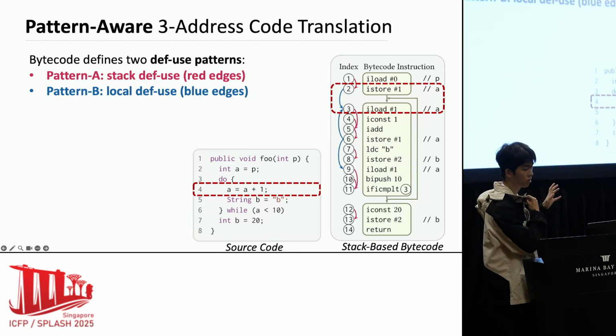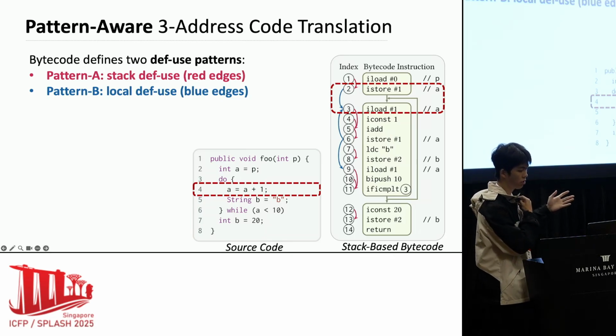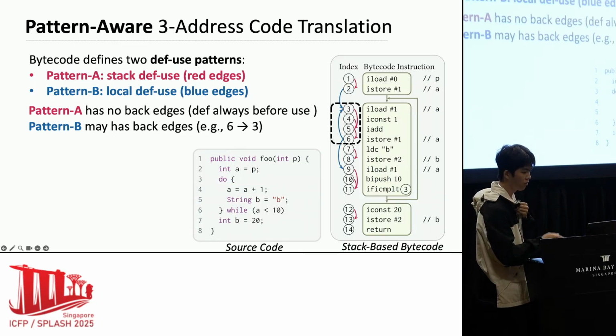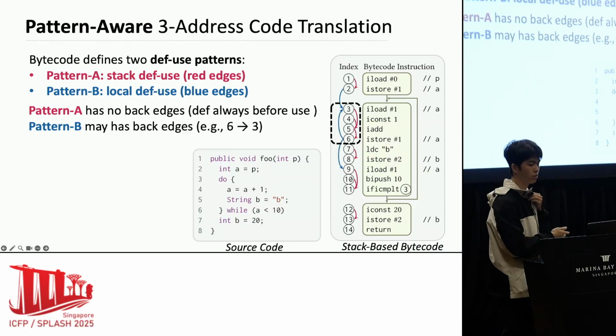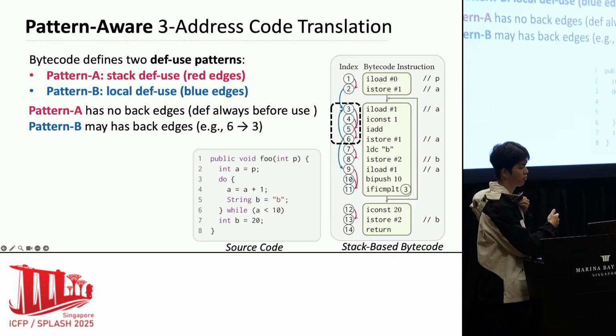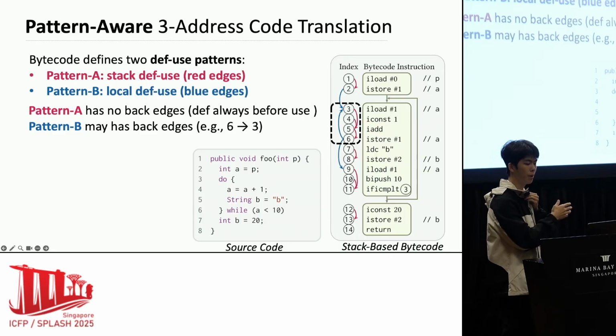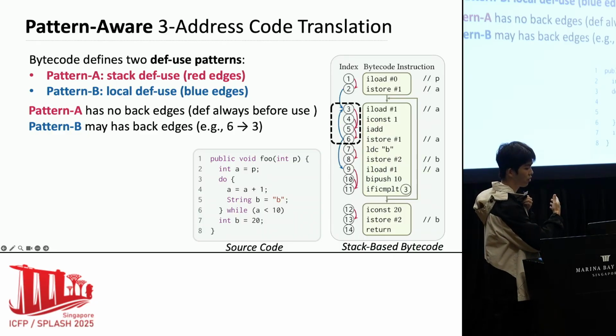If you are still not very clear, we can just focus on the structure of the red and blue edges. For pattern A, there are no back edges, which means the definition of a variable is always before its use. In contrast, pattern B may have back edges. In this case, a loop can make a variable be used before it's defined.